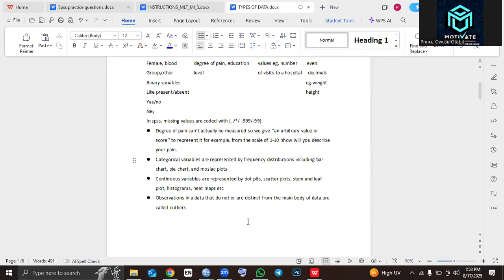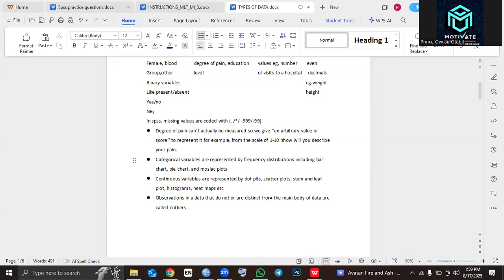But the common ones will be the dot plot, the scatter plot, stem and leaf plot, and histogram. So let me come again. Categorical variables are represented by frequency distributions, including pie charts, bar charts, and mosaic plots. However, continuous variables are represented by dot plots, scatter plots, stem and leaf plots, histograms, or heat maps.